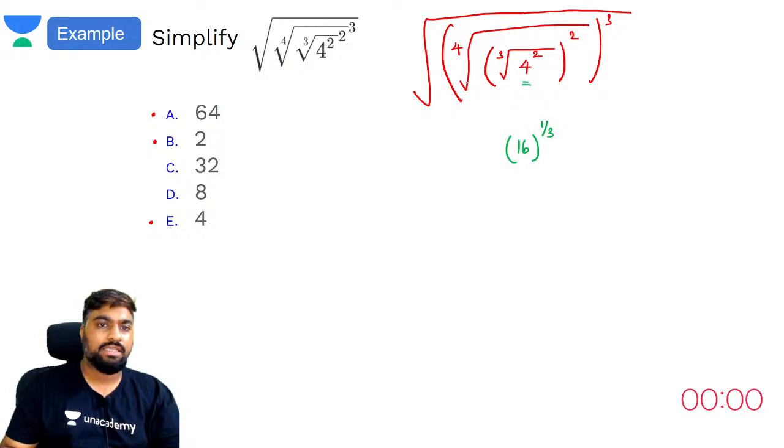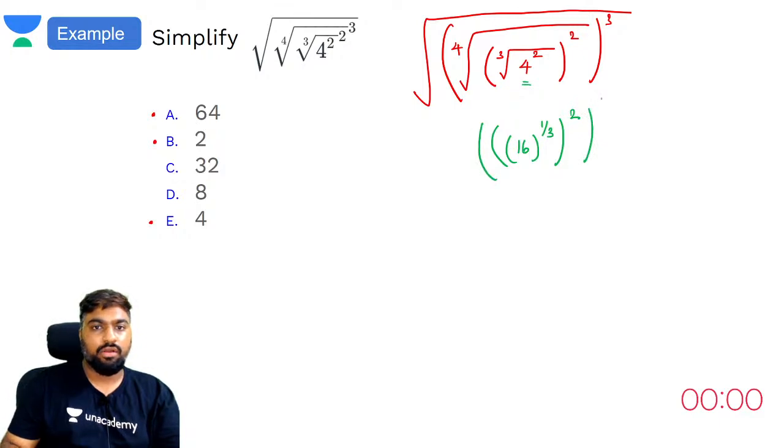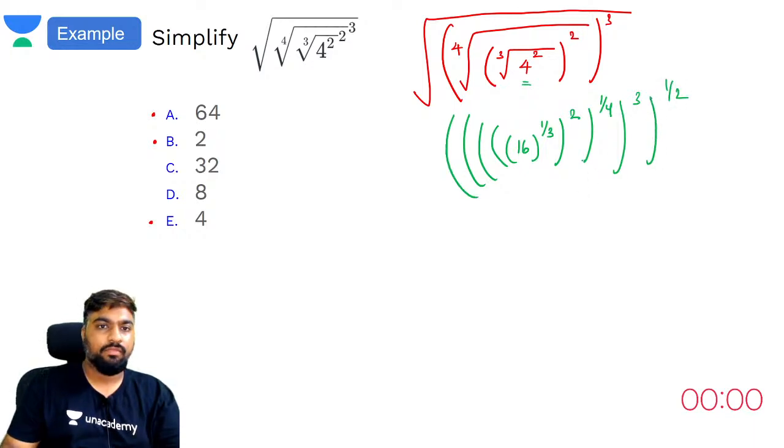Yes, इसका whole square, that is whole power 2. इसका वापस 4th root, that is 1 by 4, and then the square root of it. Yes, इसका whole cube and then इसका square root. Correct? Are you getting this, guys? 4 square is 16, you have 1 by 3 because of this, you have 2 because of this, you have 1 by 4 because of this, you have 3 because of this, and 1 by 2 because of this.